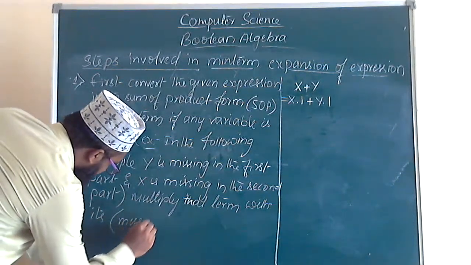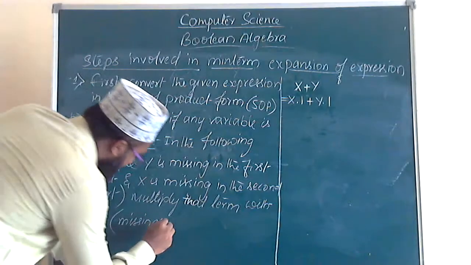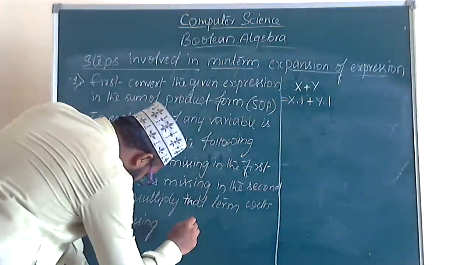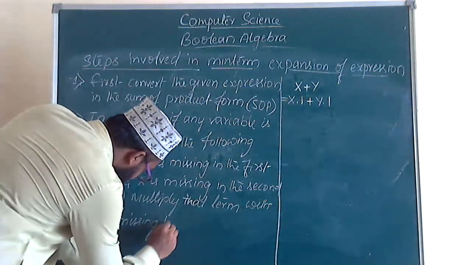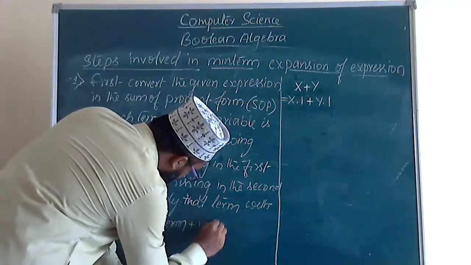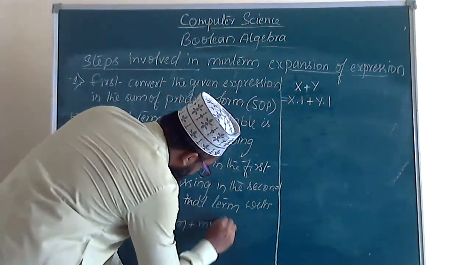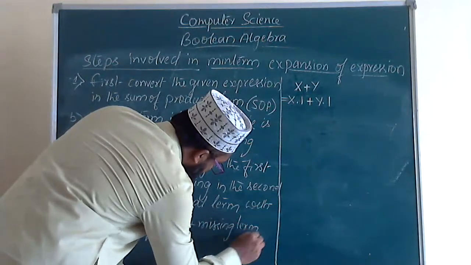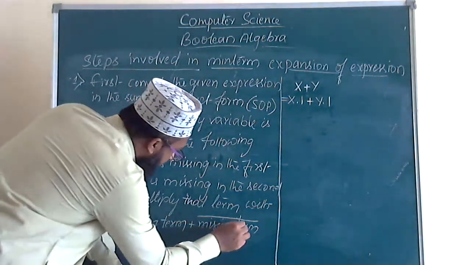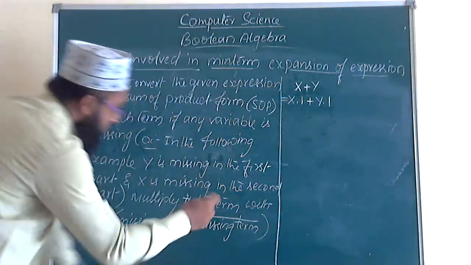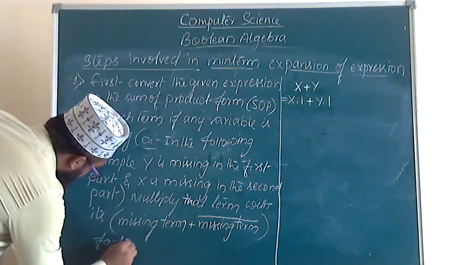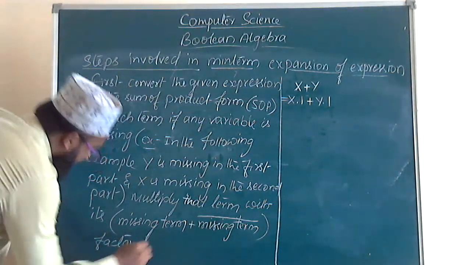I'll write one thing here to make you understand. Missing term plus missing term bar is its factor.